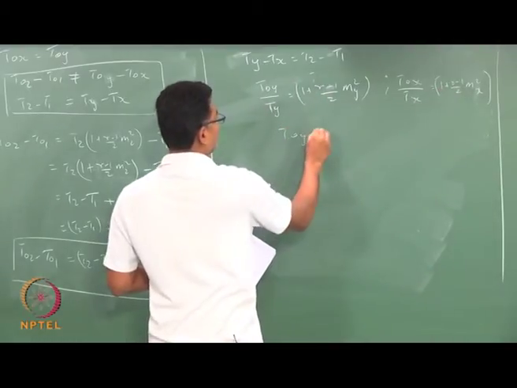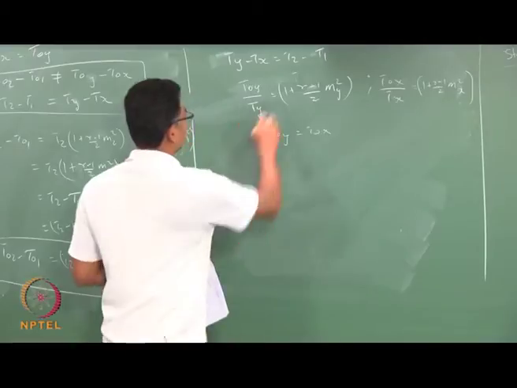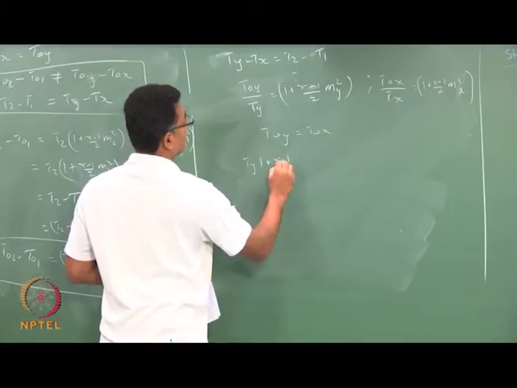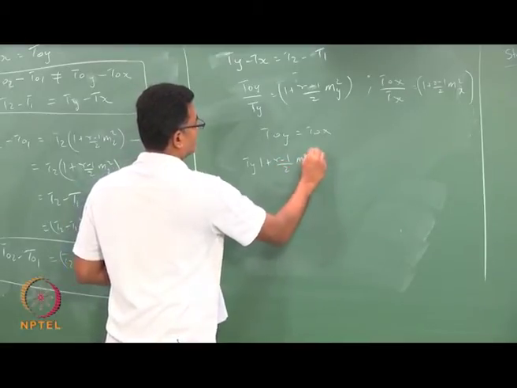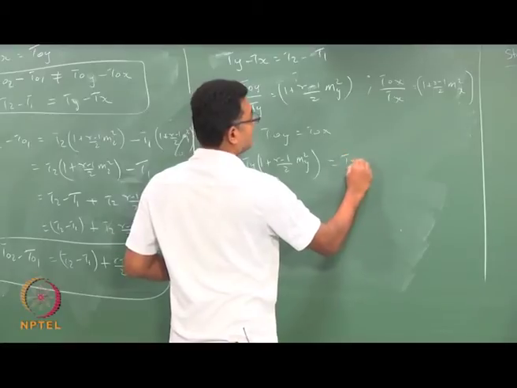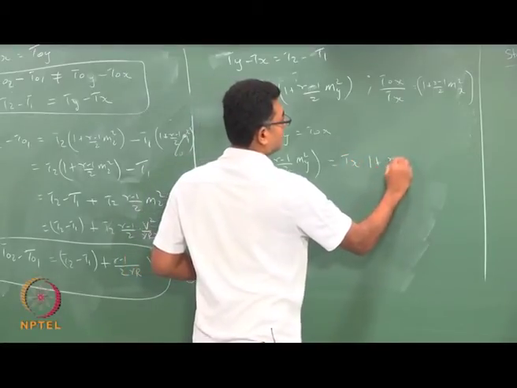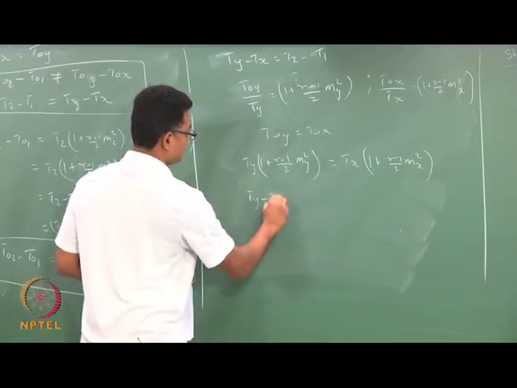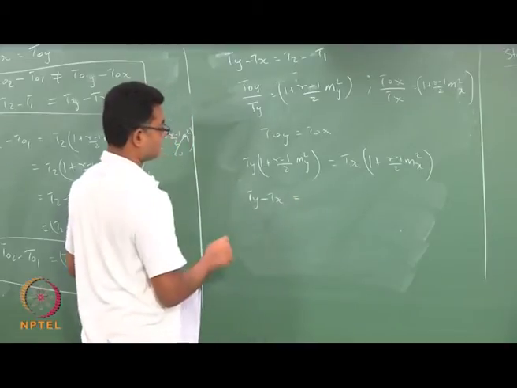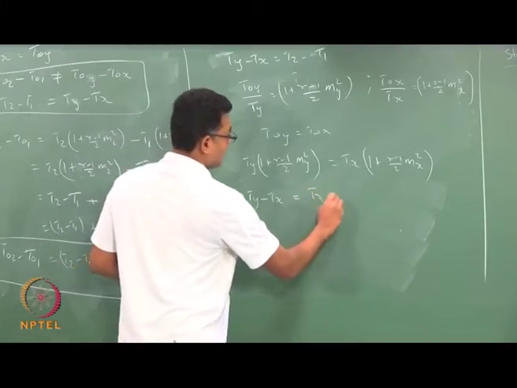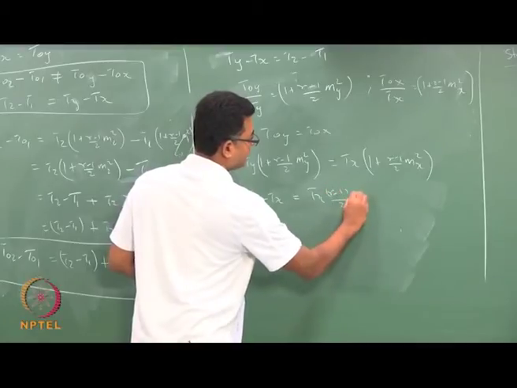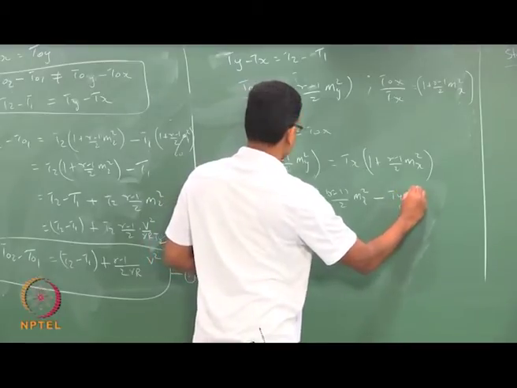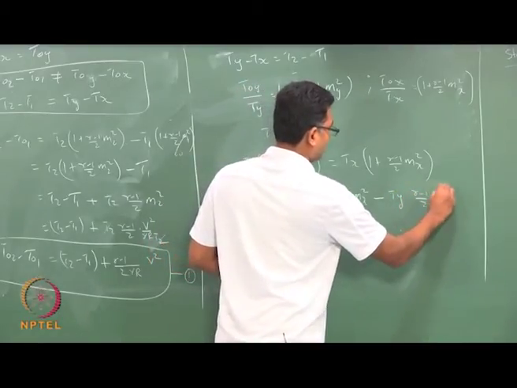Since T0y equals T0x, I can write this as Ty into 1 plus gamma minus 1 by 2 My square equals Tx into 1 plus gamma minus 1 by 2 Mx square. So, Ty minus Tx equals Tx into gamma minus 1 by 2 Mx square minus Ty into gamma minus 1 by 2 My square.